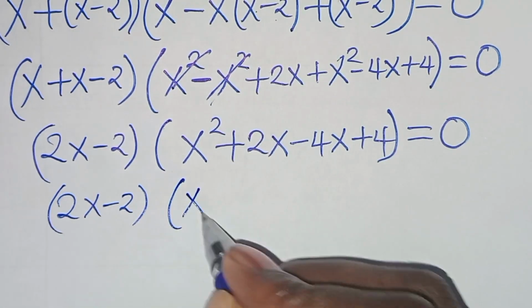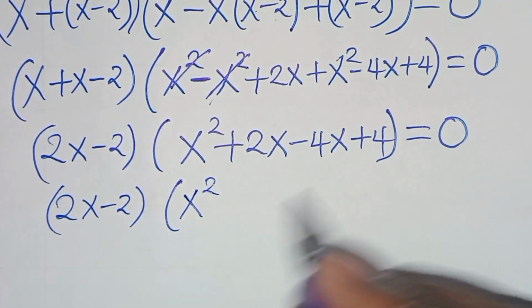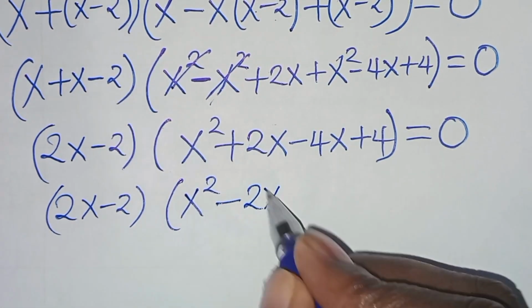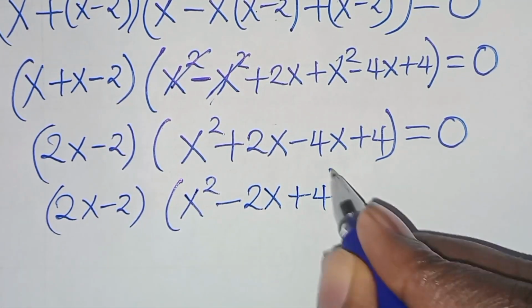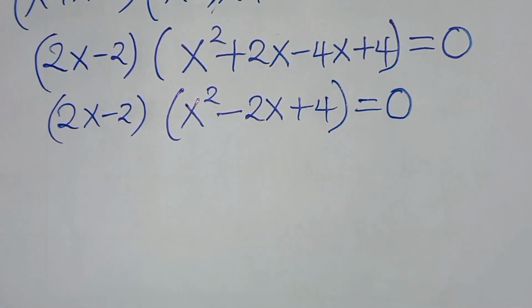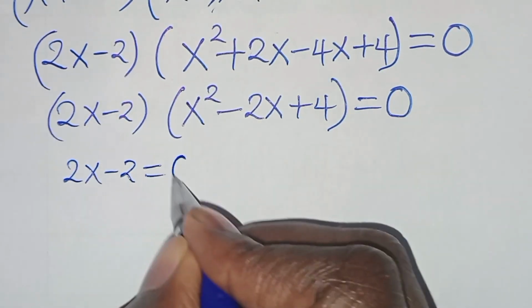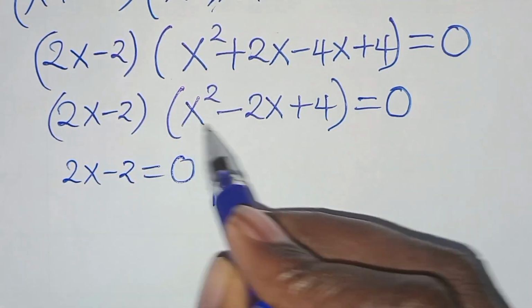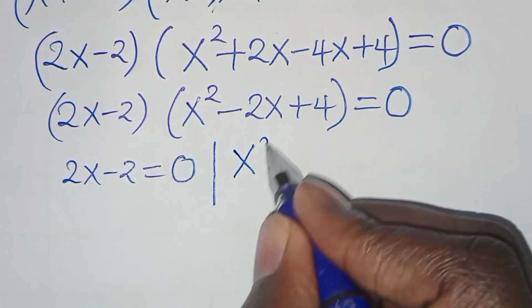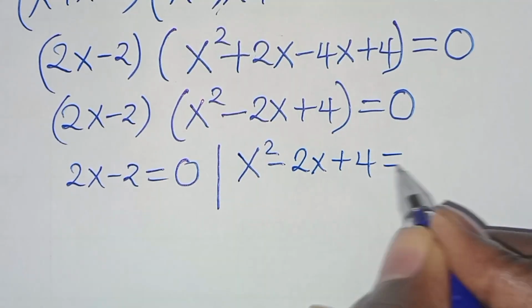Then x squared minus x squared simplifies, and we have x squared plus 2x minus 4x plus 4. So we have (2x minus 2) times (x squared minus 2x plus 4), equal to 0. So we have two parts here. The first part is 2x minus 2 equal to 0. The second part is x squared minus 2x plus 4 equal to 0.